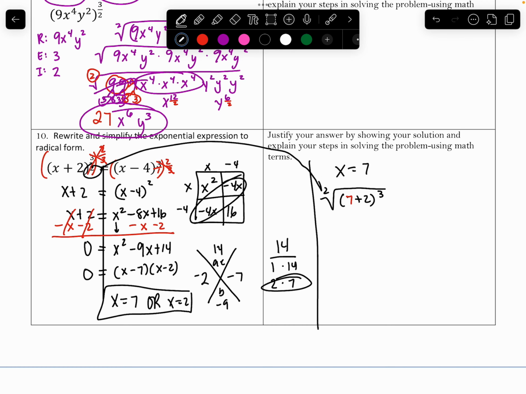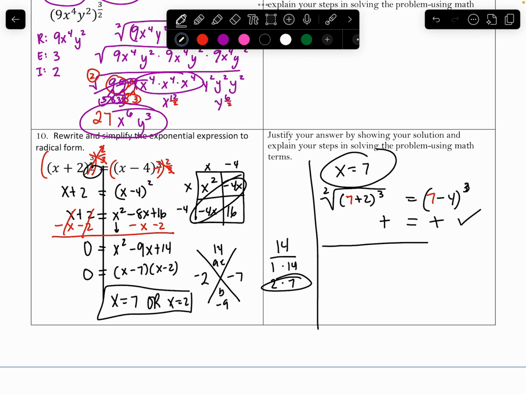This index goes here. Equals 7 minus 4 cubed. I know this is going to be positive because it's only pluses. This is going to be positive as well. So 7 is a solution.